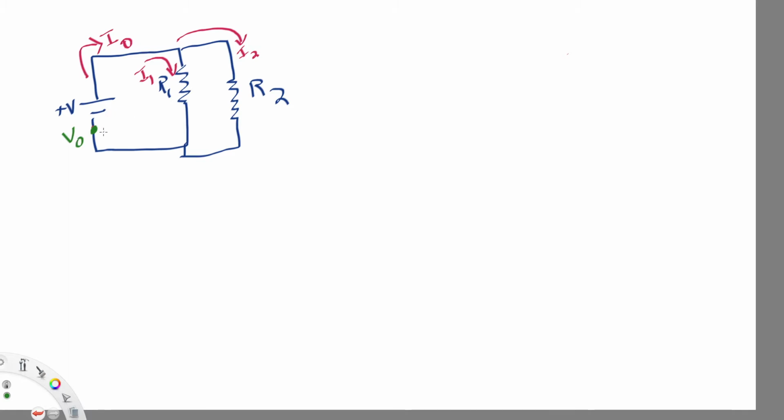So if we start at this green point, we go over the battery, we come around down over R1 and back around, we should be back at V0. And we should also be back at our original voltage if we go over the battery around the long way over resistor 2. Right? So no matter which path we took, we should be back at our original voltage because we're back at the same point in the circuit.